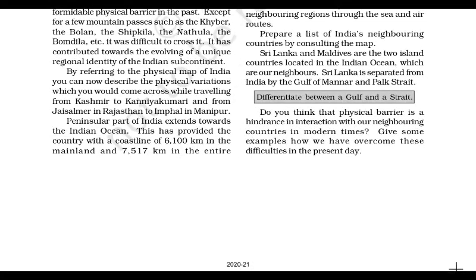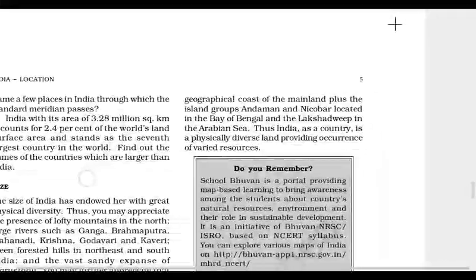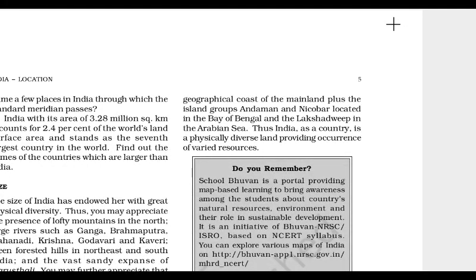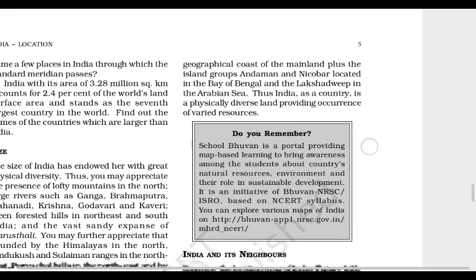This has provided the country with a coastline of 6,100 km in the mainland and 7,517 km in the entire geographical coast of the mainland, plus the island groups of Andaman and Nicobar located in the Bay of Bengal and the Lakshadweep in the Arabian Sea. Thus India as a country is a physically diverse land providing occurrence of varied resources.